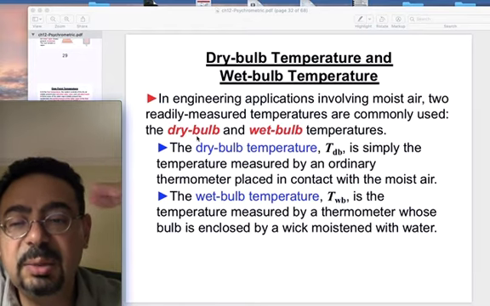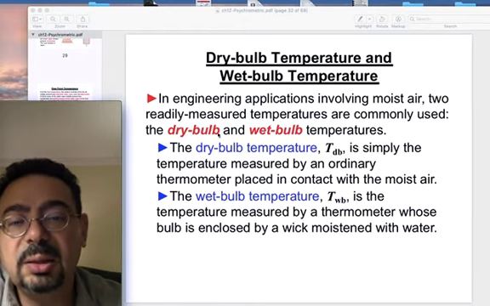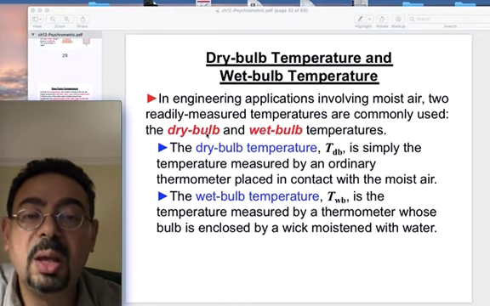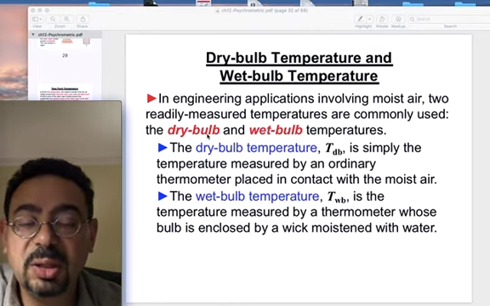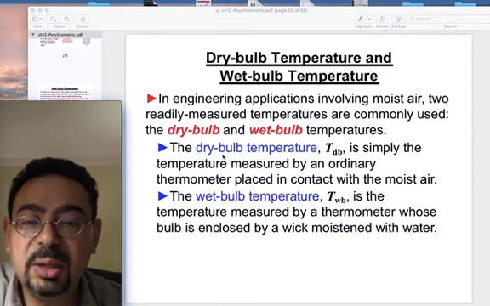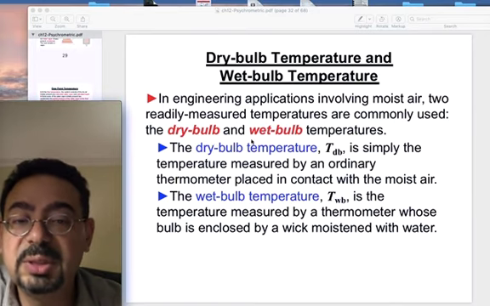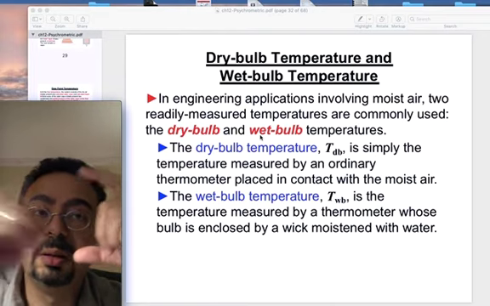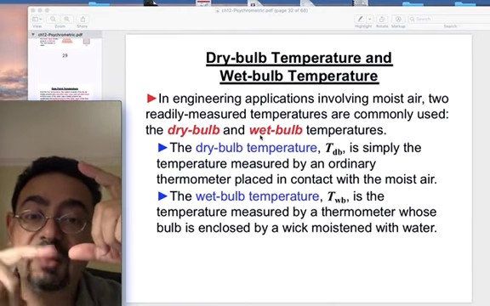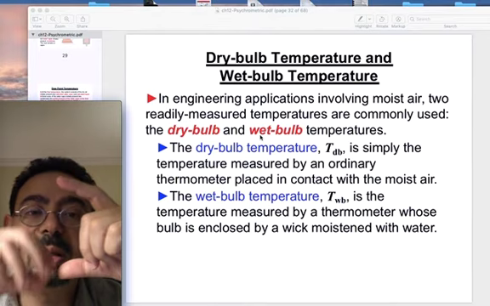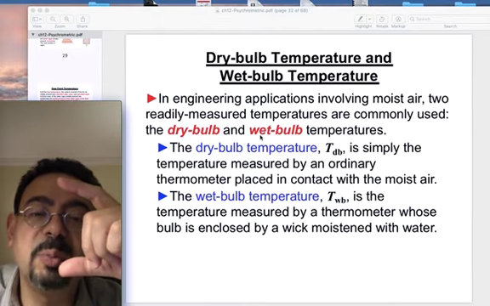The limiting case is when the wet bulb is equal to the dry bulb. Why? Because the air cannot evaporate any more water. Why? Because it's 100% humid. But as long as it's lower than 100%, it will evaporate. And the drier the air, if it's like 10% humid, there is a lot of room for the water to evaporate.